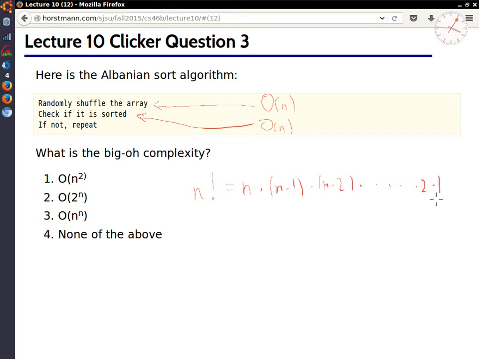And so that means that this loop here, there's an implicit loop here in the if not, repeat, right? So we're going to have to be doing this one n factorial times. So that means that our complexity is going to be O of n times n factorial, because n factorial times we're doing n things.